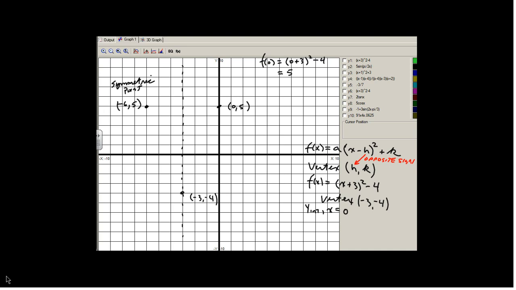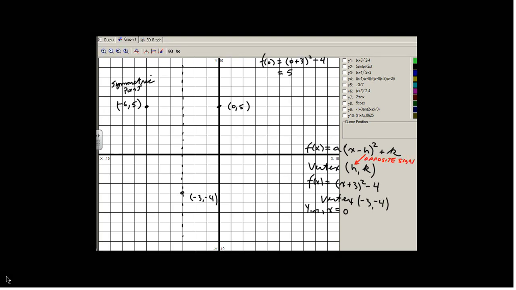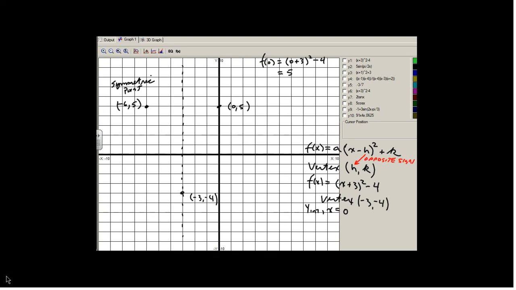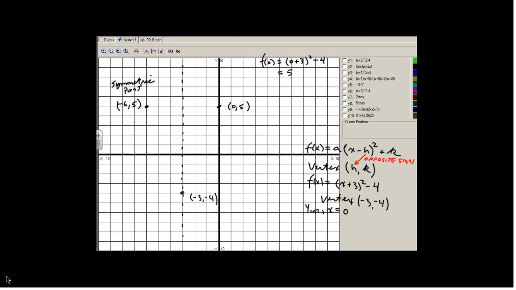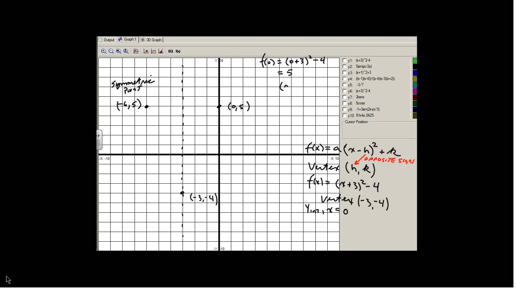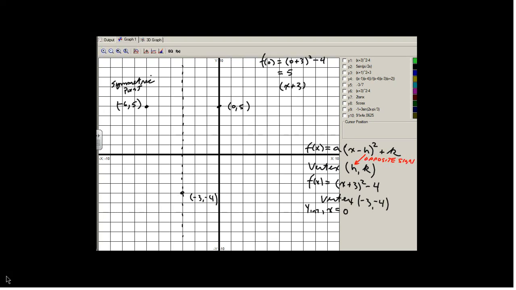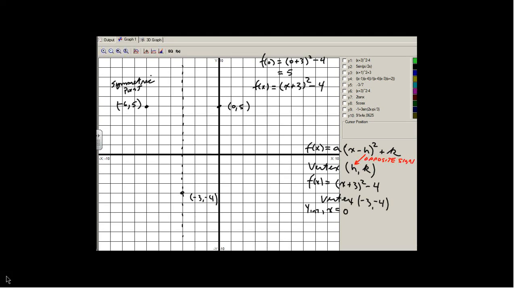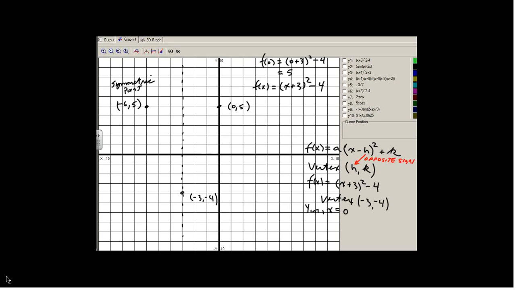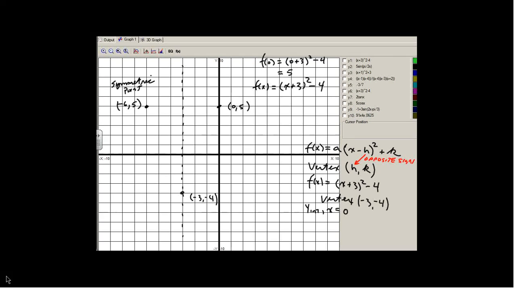And a convenient way to obtain another point is to look inside the parentheses and find a value that will provide us a 1 inside the parentheses. So our parentheses is (x plus 3) squared. A value of x that will end up with a 1 inside this parentheses is x equals -2.